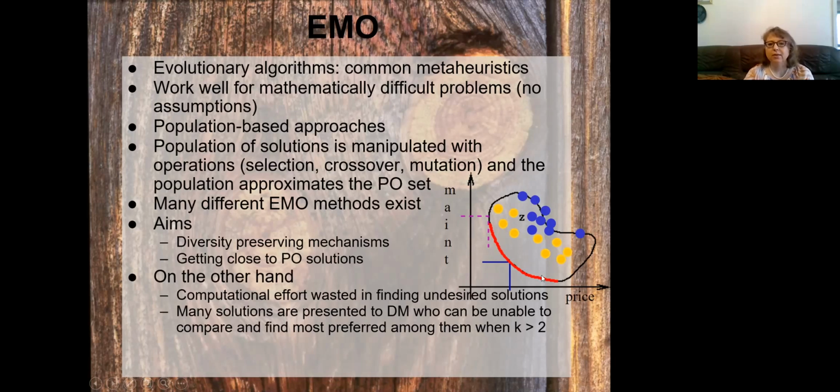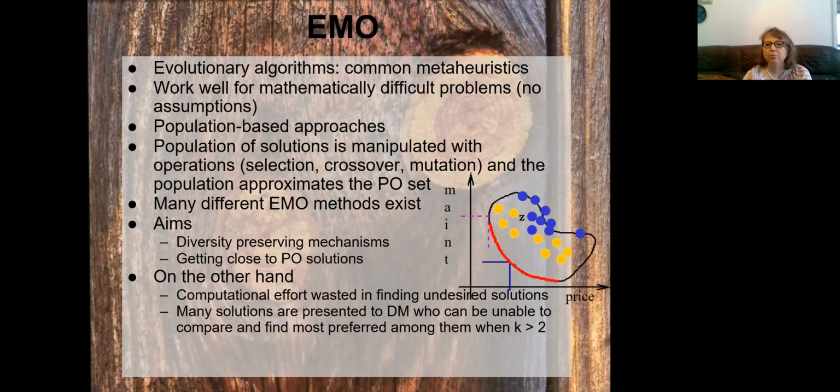The other thing is that in this basic form, they are also members of this a posteriori type, so they represent the whole set. But if we have many objective functions, we need to have more and more elements in that population, and it gets more and more computationally time-consuming and demanding to apply these algorithms.